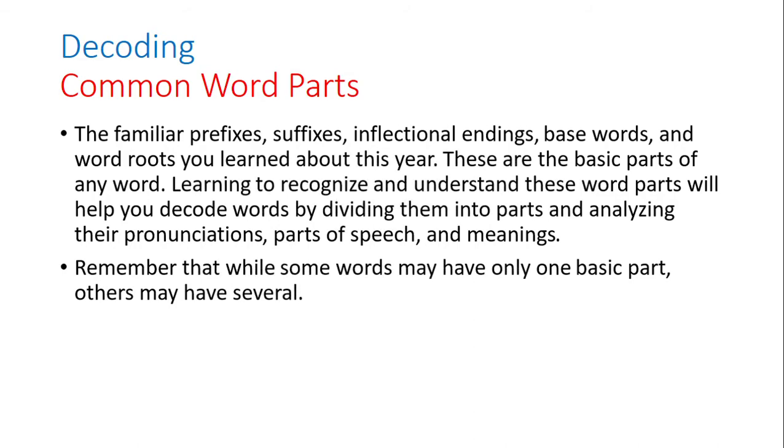Through this year and the last year and in the coming year, we learned so many word parts. So today we're going to talk about the common word parts, like suffixes, prefixes, inflectional endings, which are ing, ed, etc., and base words and root words. These are the basic parts of any word.